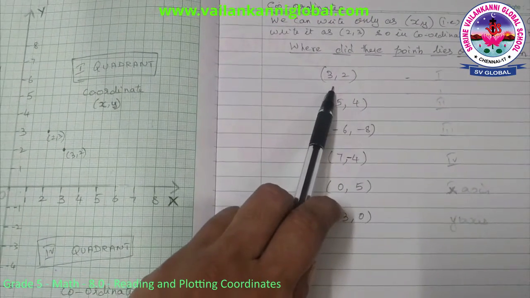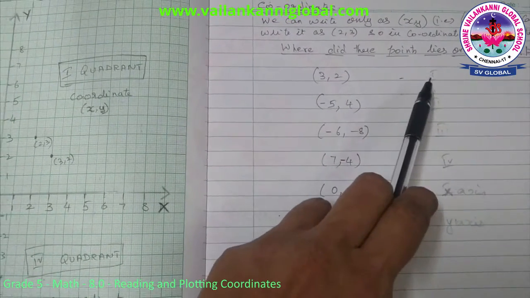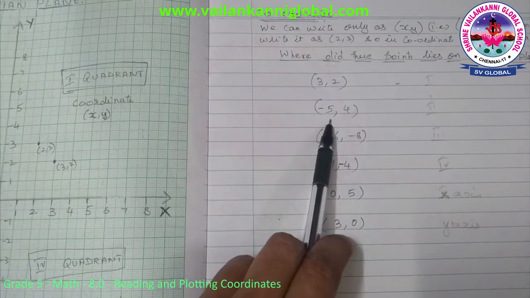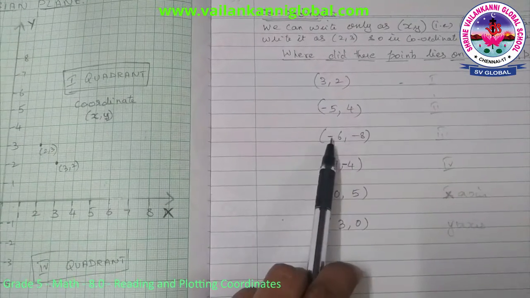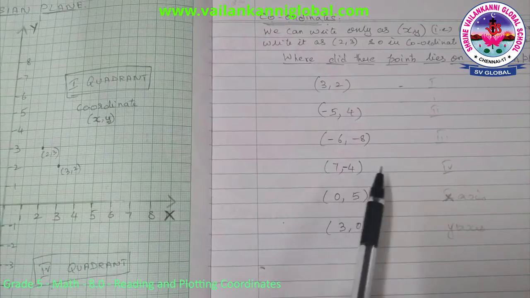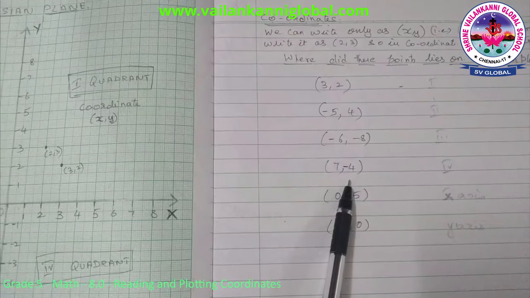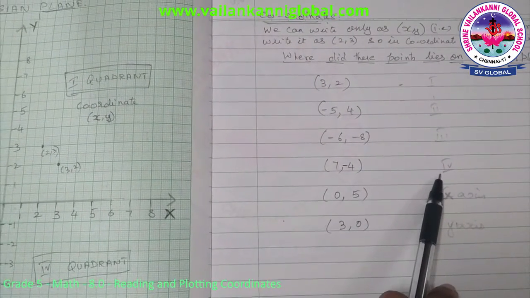As both are positive, 3, 2 lies in the first quadrant. Then here the x is negative, so it lies in the second quadrant. Both are negative, so it lies in the third quadrant. The next one is 7, minus 4. That is, y is negative, so it lies in the fourth quadrant.